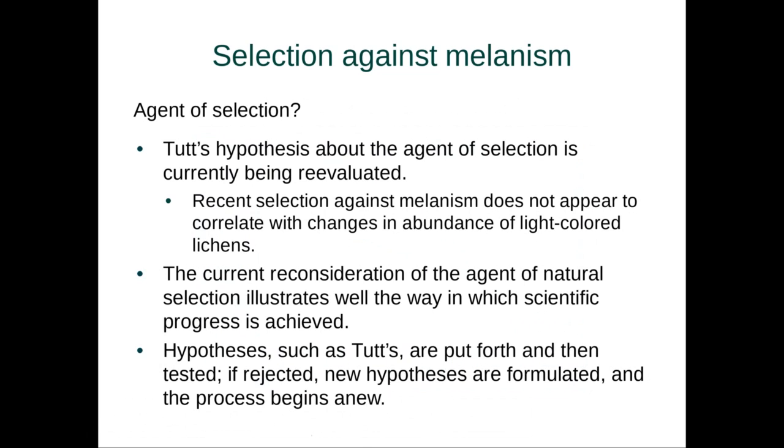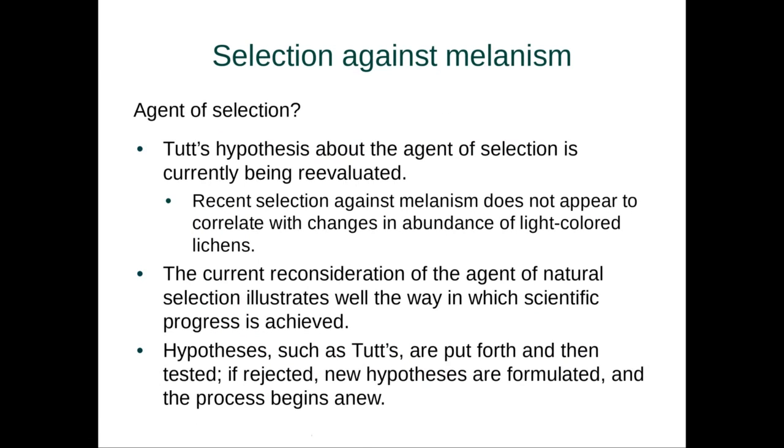Now, just as a note, I would be remiss if I didn't make mention of this. Tutt, who came up with this idea of industrial melanism, his hypothesis is actually being reevaluated. There's some interesting data nowadays where recent selection against melanism actually doesn't appear to correlate with changes in the abundance of light color lichens.